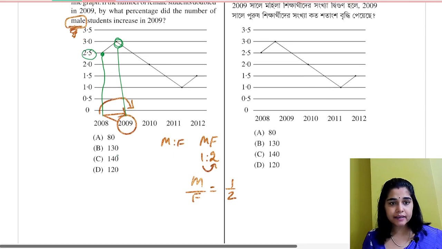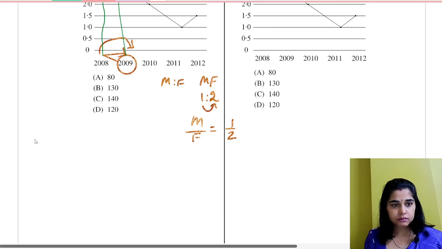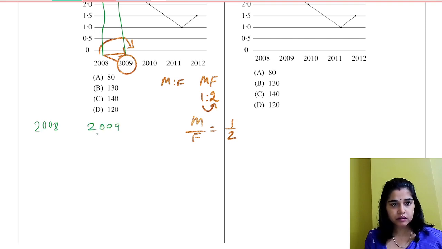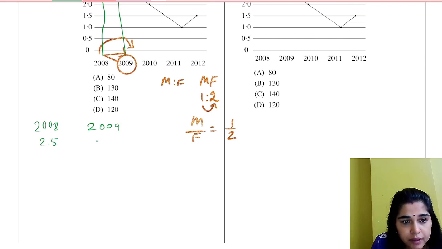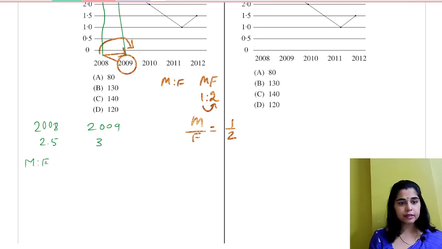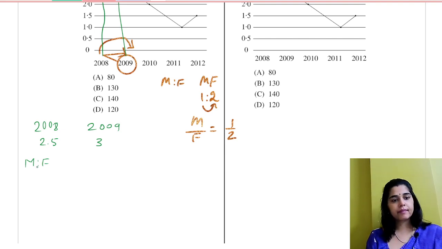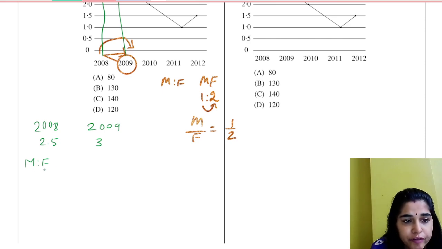In 2008, and here we will do 2009. In 2008 there was 2.5 and here was 3. So the ratio of male to female. Male to female is 2.5.